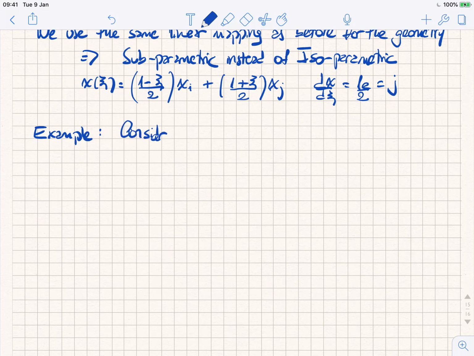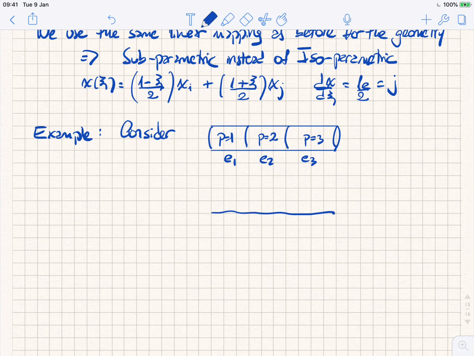Now we're going to look at a very simple problem. 3 elements. And what I want here is to use p equals 1, p equals 2, p equals 3. This is my first element, second element, third element.